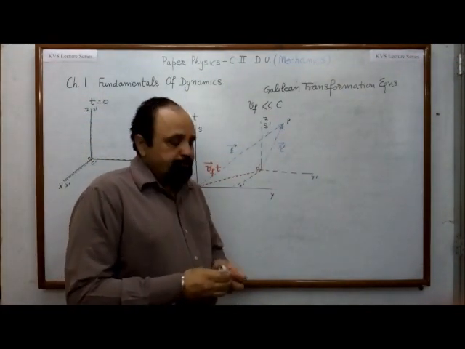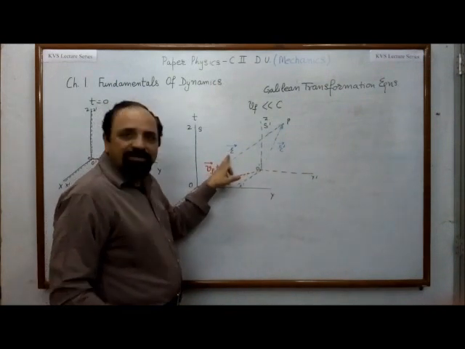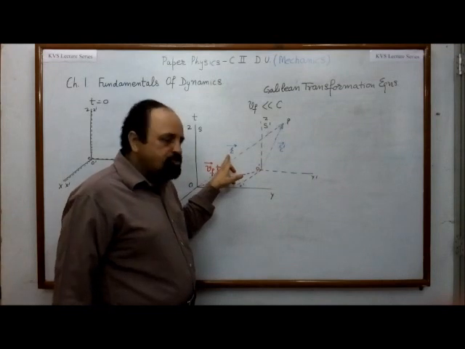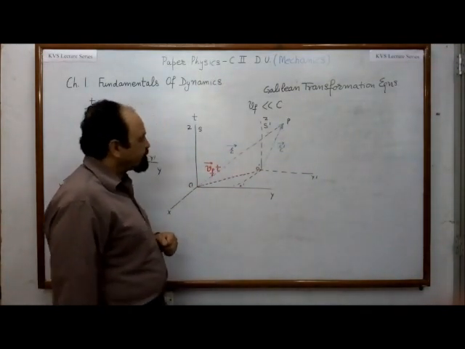Now we have to relate this R' and R. That will be our first Galilean transformation equation. And we can do it in a very simple manner.